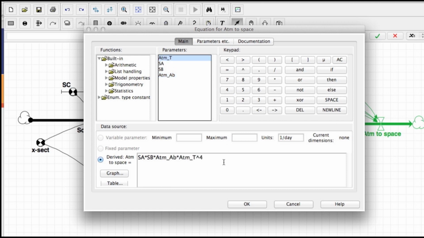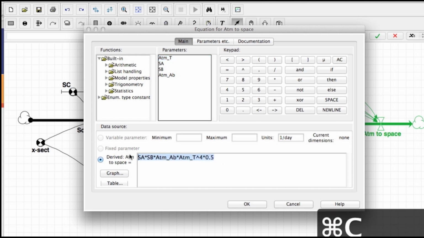All right. Am I ready to say okay? Not quite. The atmosphere radiates differently than the surface of the Earth. Statistically, half of it goes up to space. The other half comes back down to the surface of the Earth. So multiply by 0.5.